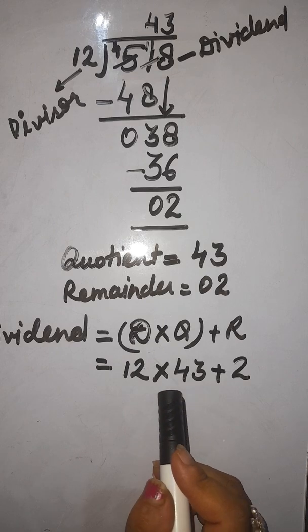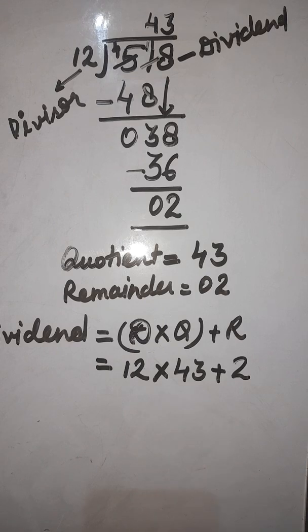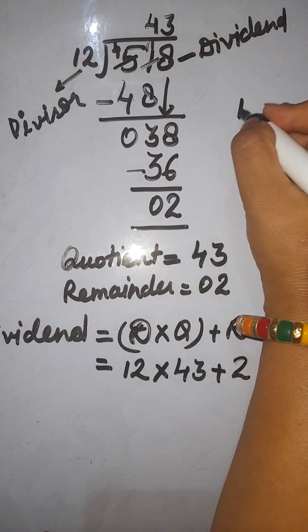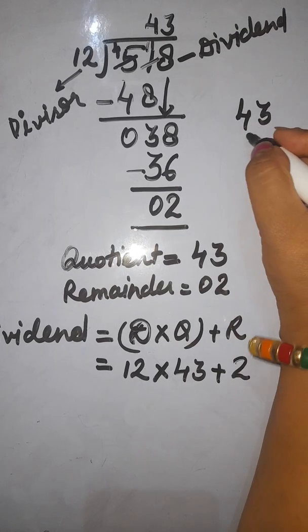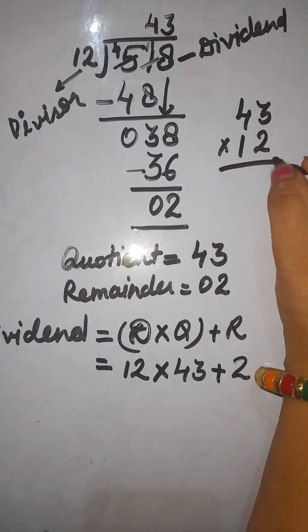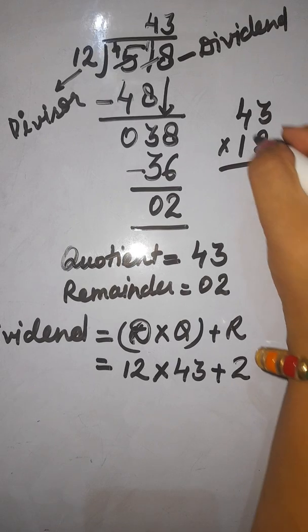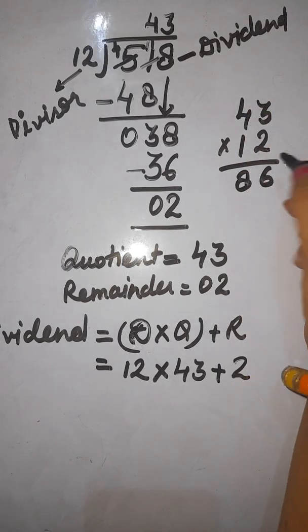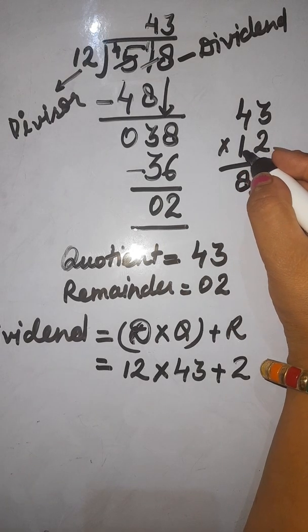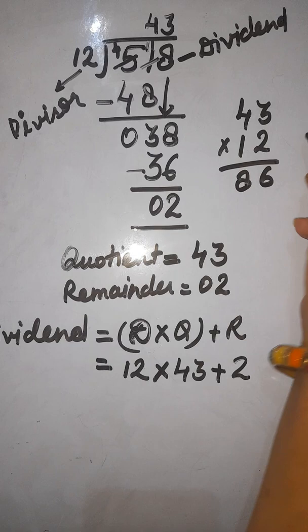12 multiplied by 43, we will solve it here. 43, we'll write it first, multiplied by 12. So 2 3s are 6, 2 4s are 8. Next place, here this is the tens place. The place value of 1 is 10.